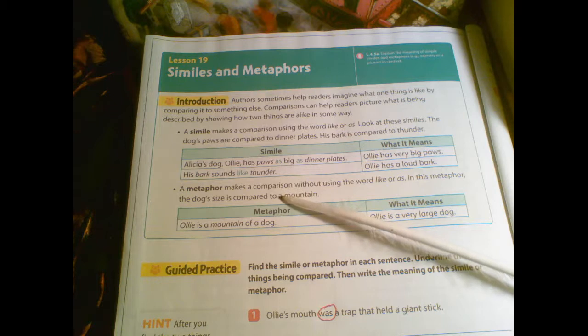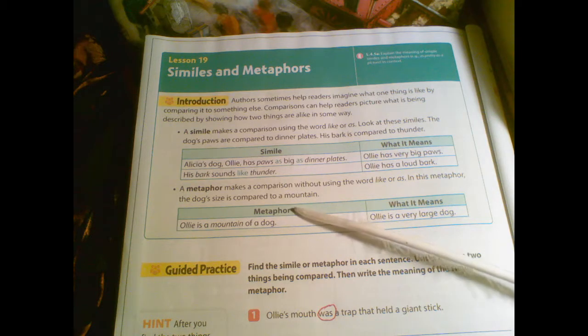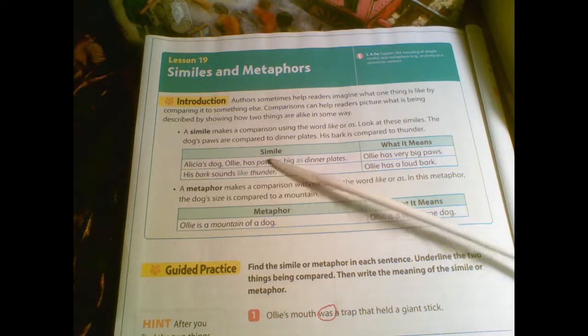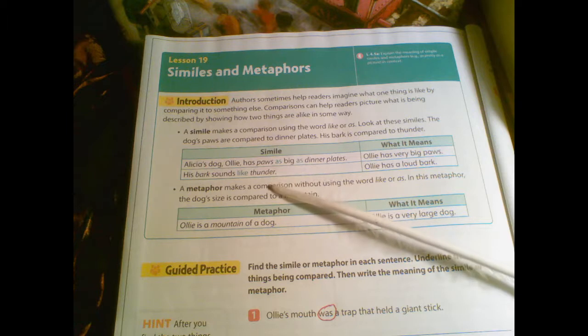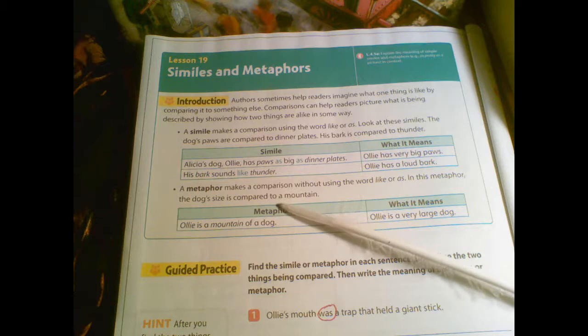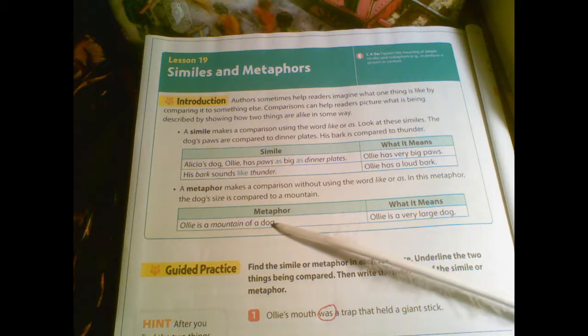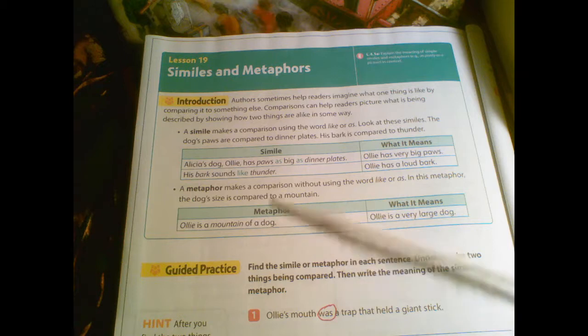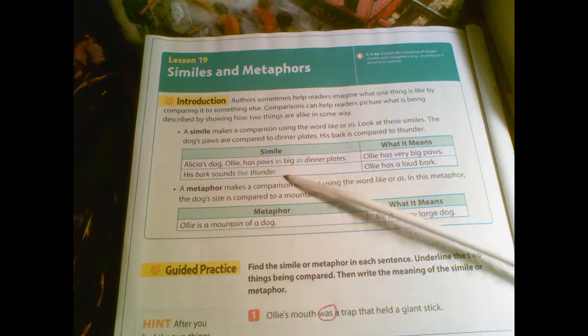It helps readers picture what is being described by showing how two things are alike in some way. For example, Alicia's dog, Ollie, so they're giving us non-essential information there, which we've already studied in appositives, bringing that skill in too, has paws as big as dinner plates. There you see as, meaning if it's as big as dinner plates, he's got some pretty big paws. His bark sounds like thunder, meaning it's booming.